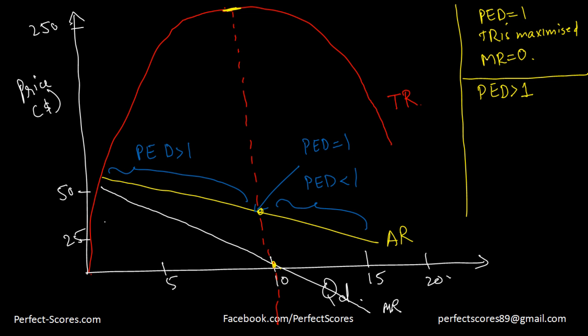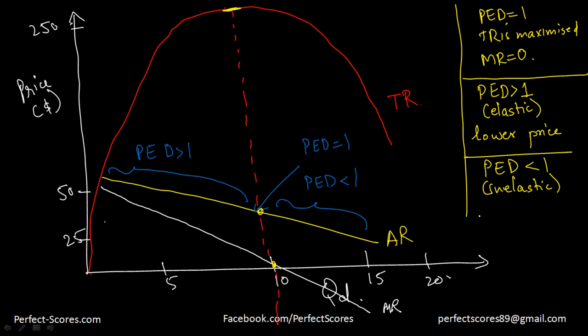So if the price elasticity of demand is greater than 1, which means it's elastic, a firm should lower its price to maximize the revenue. And if the price elasticity of demand is less than 1, which means it's inelastic, that means a firm should increase its price, right?